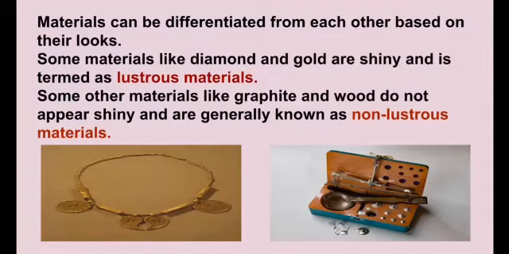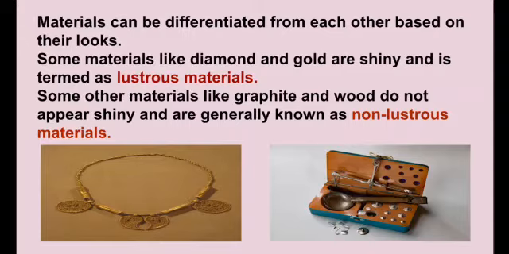Now we'll discuss how materials can be differentiated from each other based on their looks also. Some materials like diamond and gold are shiny and are termed lustrous materials. It is further divided into two categories, lustrous and non-lustrous. By looking we can observe whether it is shiny or not.